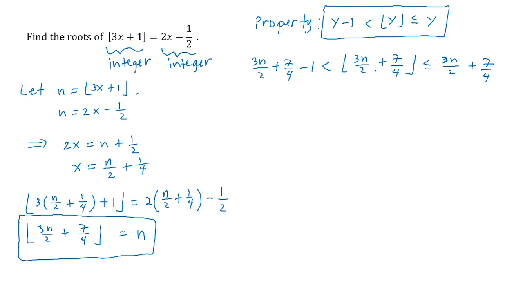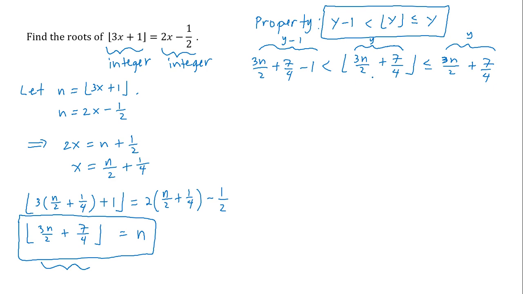So here you can imagine this to be y, this one also y, this one y minus 1. Okay. But take note that the floor of 3n over 2 plus 7 over 4 is just n.